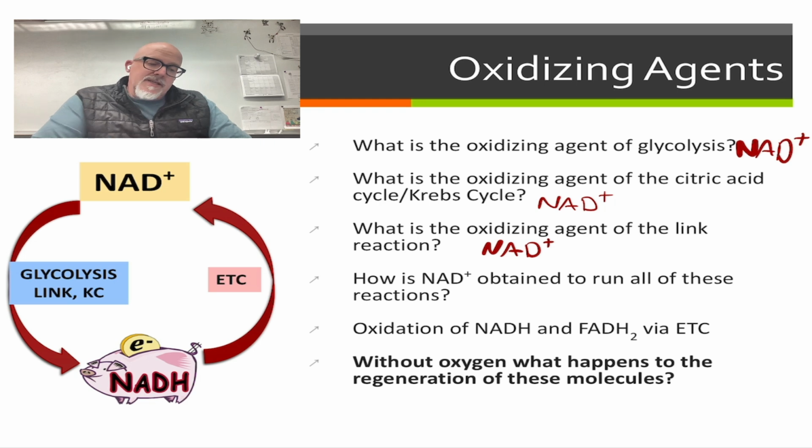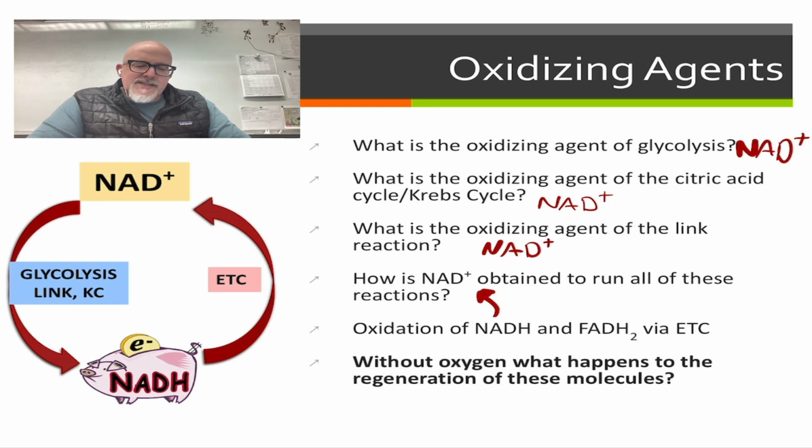So my ask is, once we have all that, how do we get it? How is NAD+ obtained to run all of these reactions? If we need it for glycolysis, the link reaction, and the Krebs cycle, how do we actually get it? This is the actual answer right here.